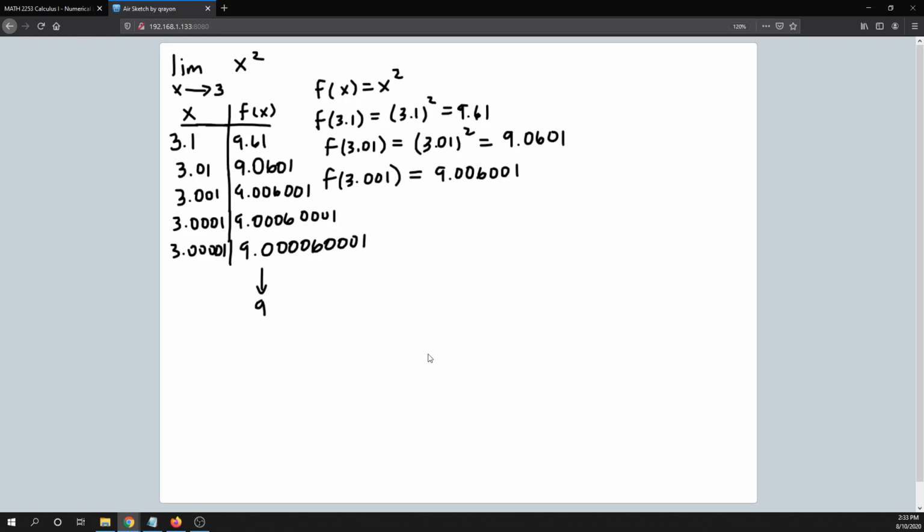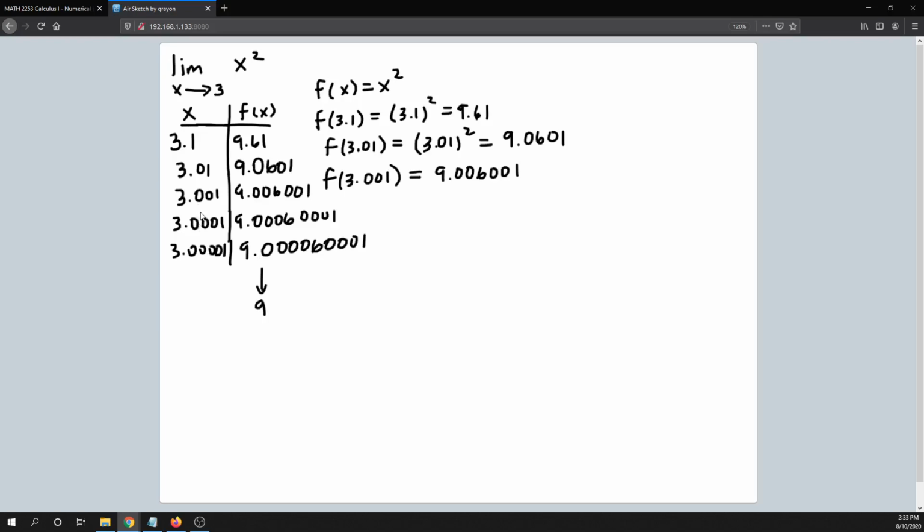One thing that people ask a lot is, how do I know what numbers to pick here? Does it matter what numbers I pick for these x values? If I picked some different x values, could I possibly get a different answer than 9?